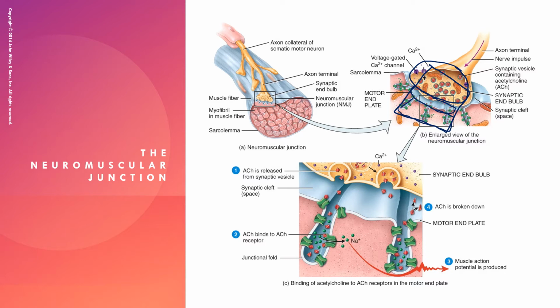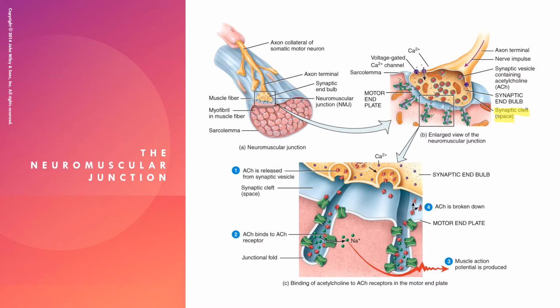At most synapses, we do have this small gap. This is called a synaptic cleft. It's labeled right here. This is the space between the two cells. It separates the two cells. Because these cells don't physically touch, the action potential cannot just bridge that gap from one cell to another.